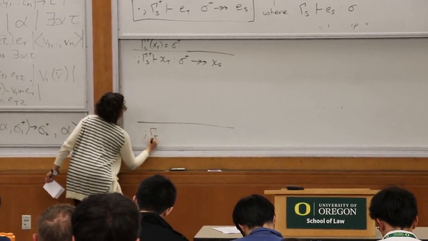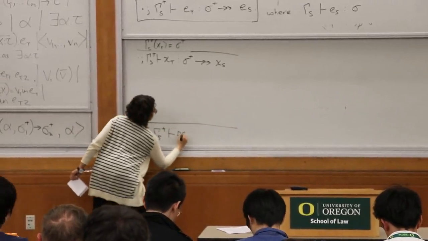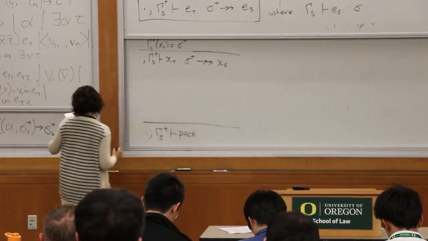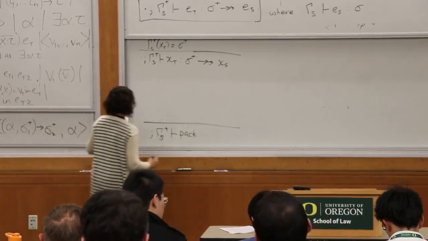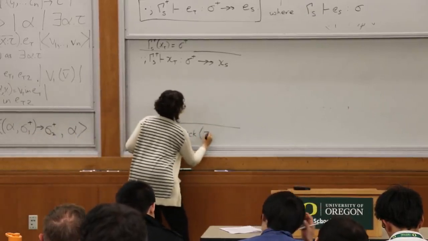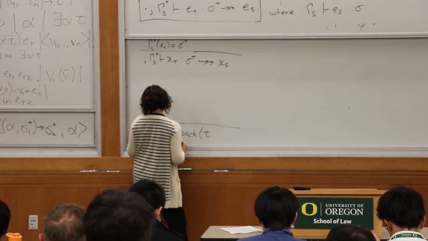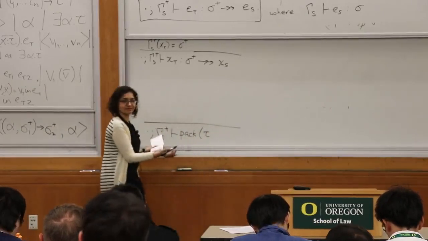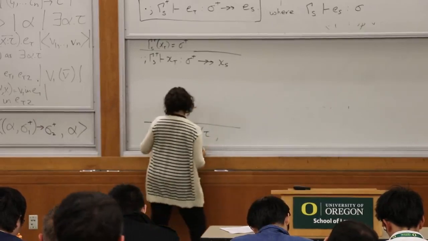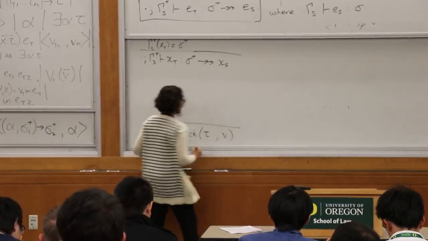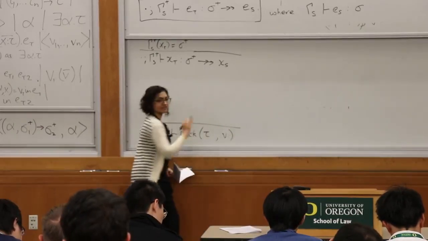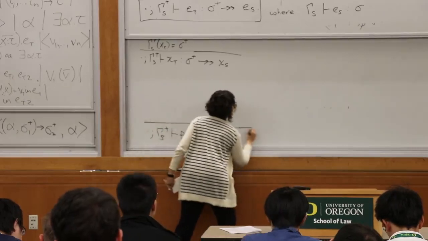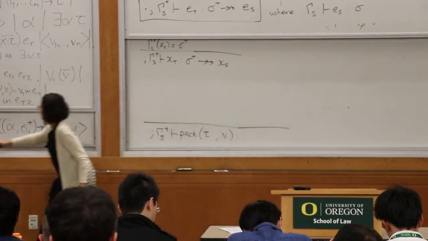Under empty and gamma s plus, I have a pack that has a tau. I'll write this as tau just to remind you, but maybe I won't right now. I can if you want me to. So that's my pack, as exists alpha something. I won't write that part. But its type must be a translation type, so let's just write it out.